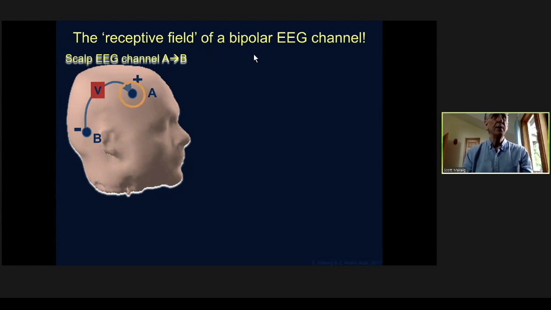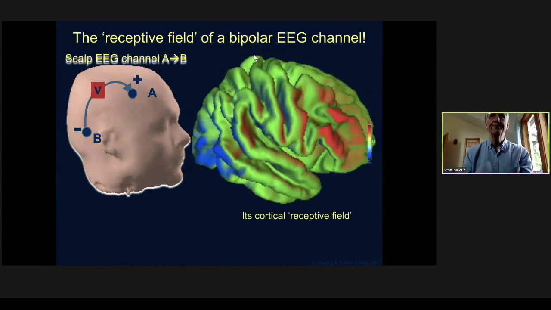In fact, if you want to look in terms of the math of it, this channel AB does not represent just the recording from channel A. That's not the correct model. Even if B is your reference electrode, your channel AB is not the same as a channel sitting right on site A. In fact, it represents the difference between all the currents flowing to both of the electrodes, one in a positive and one in a negative.